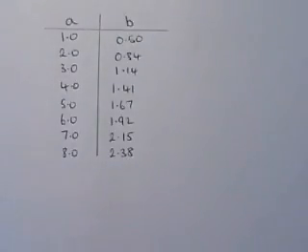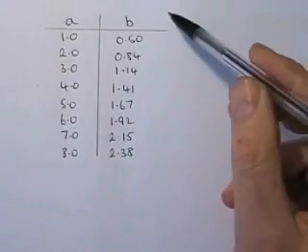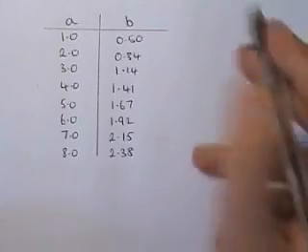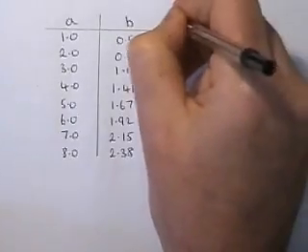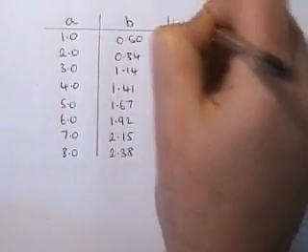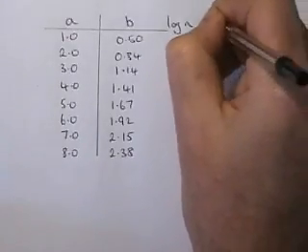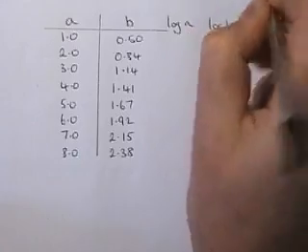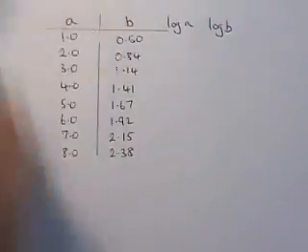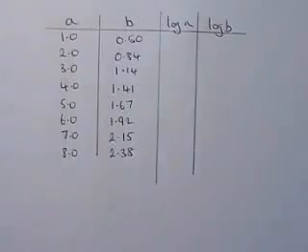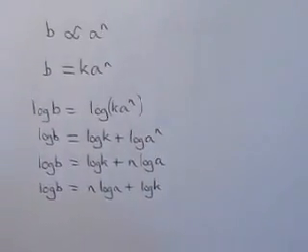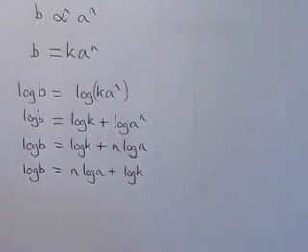So remember that a and b were numbers I got from an experiment. I put them in a table. I could add two extra columns to my table. I could add a column for log of a and get my calculator and work them all out. I can add a column of log of b and work them all out. So if we go back to the equation, I've got some values of log a and log b.